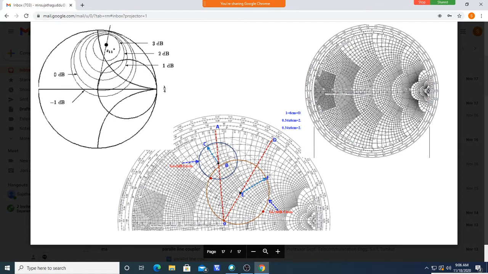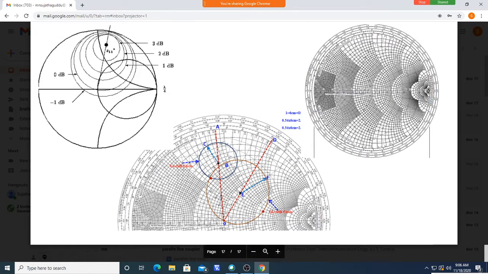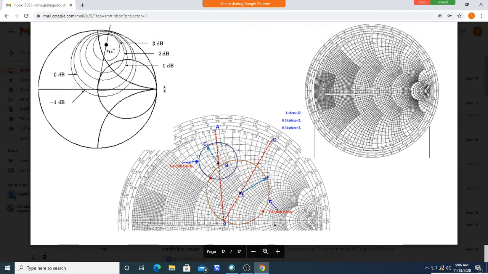That's why, before choosing the value, besides drawing the output gain circle and input gain circle, you should check one more condition, which is called the stability check for a given network. That is what we have to test.